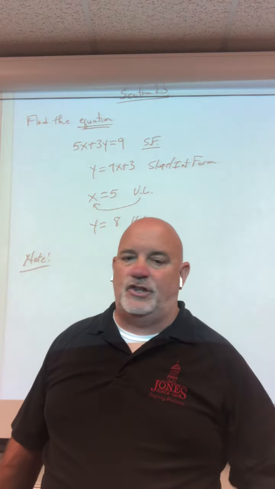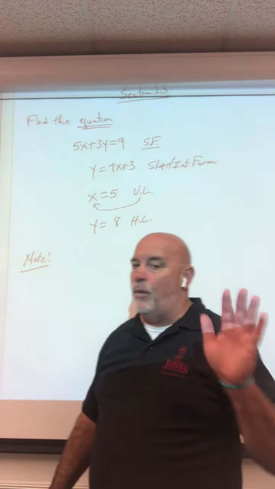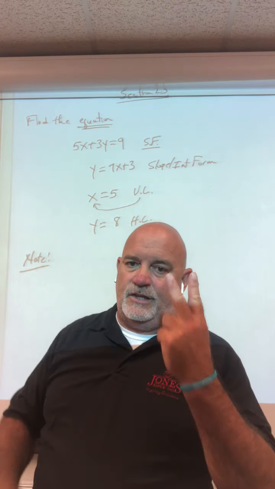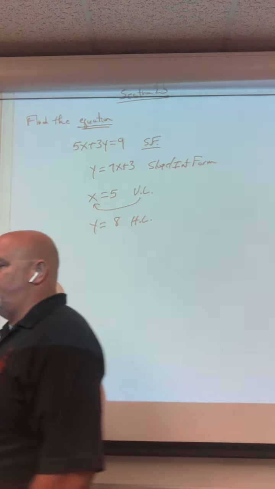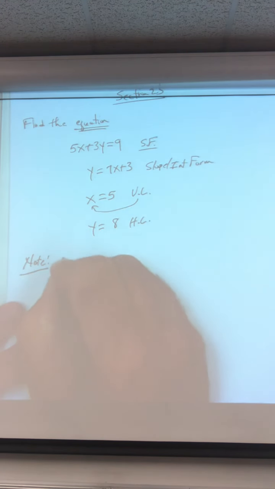So there's two things you've got to know if you're going to find this, and there's no way around it. You have to know these two things. Here are the two things. Number one, a point on the line.